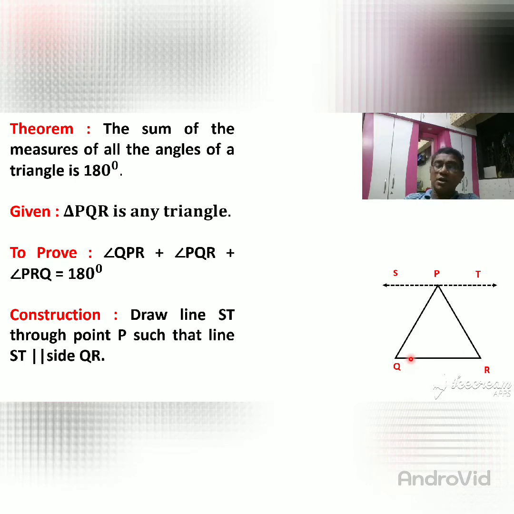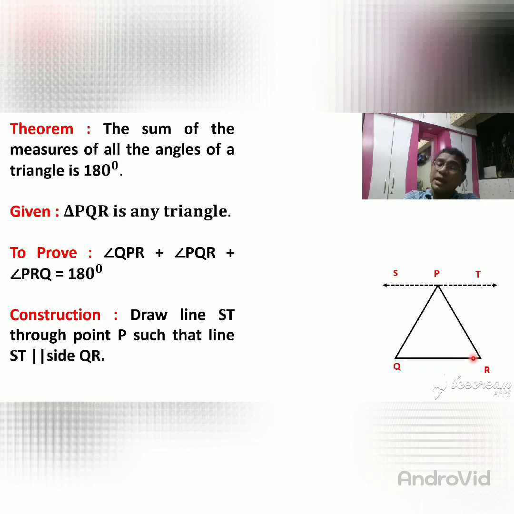In the same way, ST is parallel to QR, so this P angle and this R angle are also alternate angles of each other, so they are congruent.